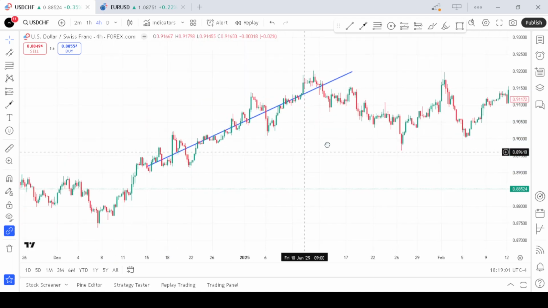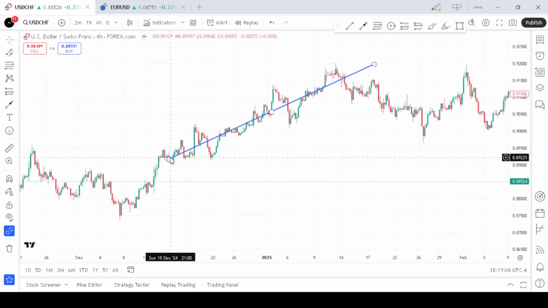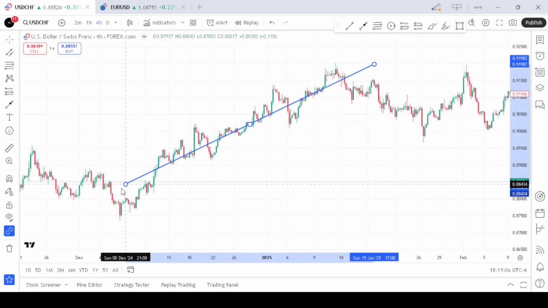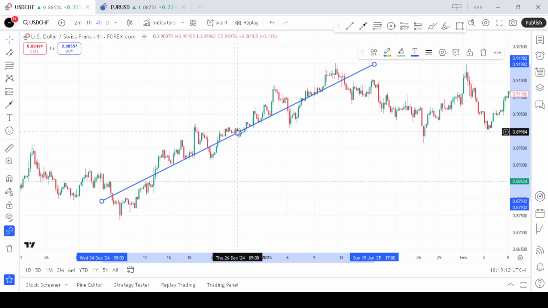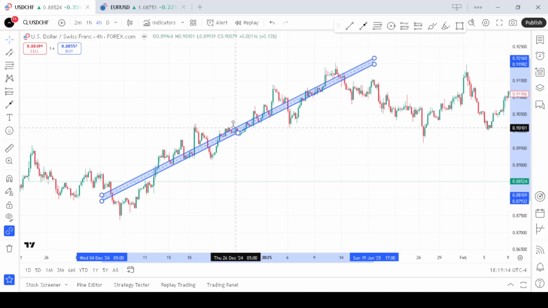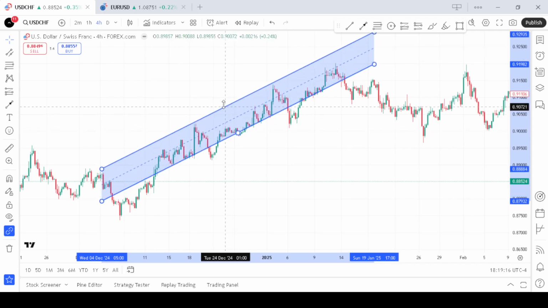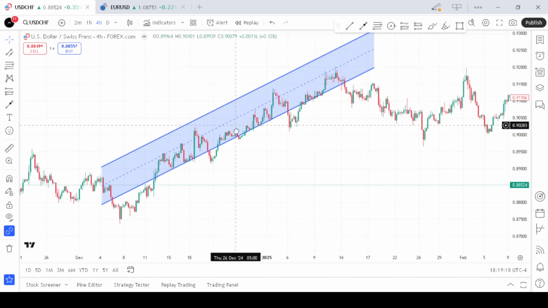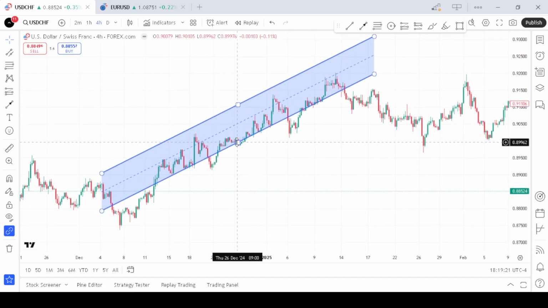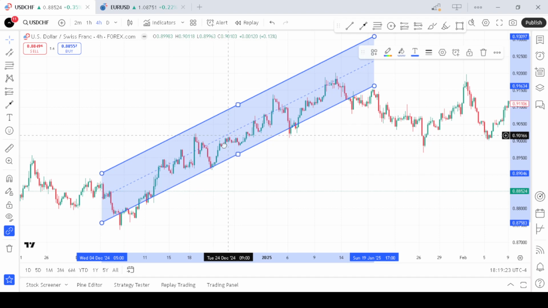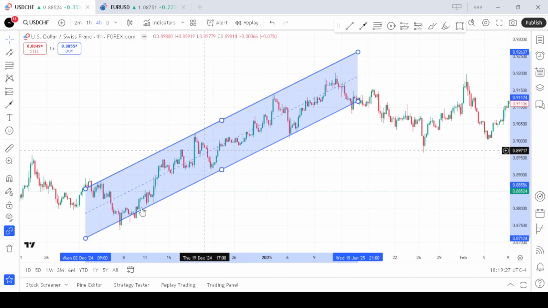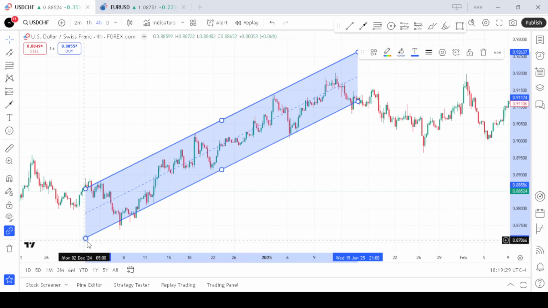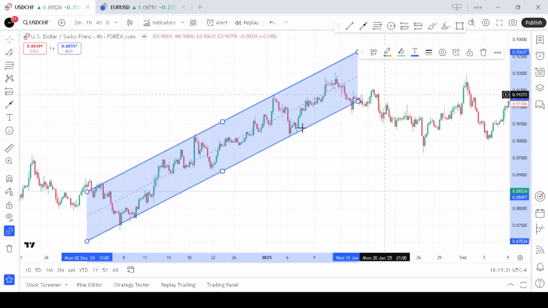The channel indicator consists of two parallel lines: the upper line, which is called the resistance, and the lower line, which is called the support. By drawing this, you can see that we can form a channel on this chart. So this is our channel indicator.